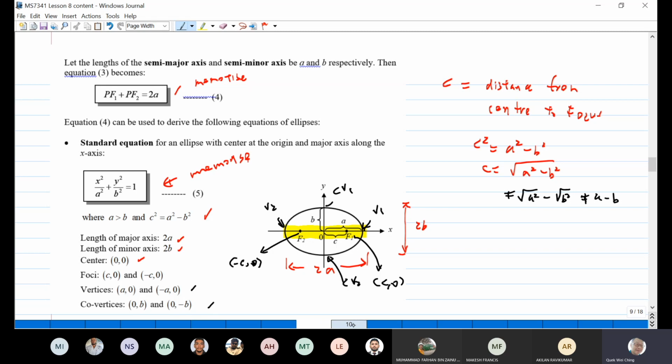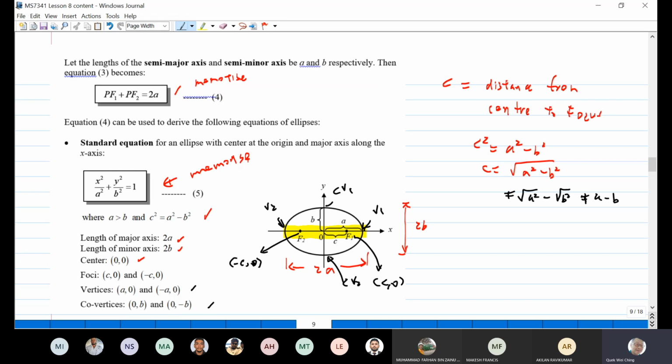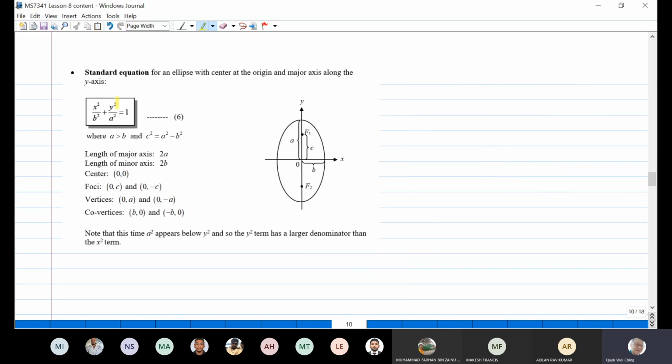There's also another case, where the ellipse is vertical, right? Vertical means you have to be careful about this. Just now the equation of the ellipse was horizontal, so you have x squared over a squared, where a is the longer side. But now for a vertical ellipse, it is y squared over a squared.